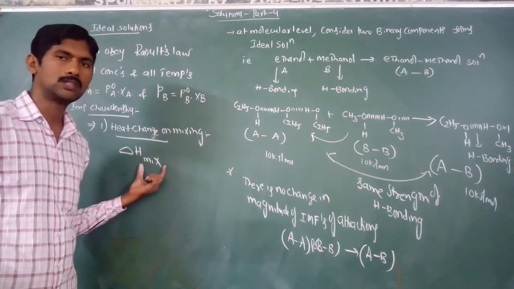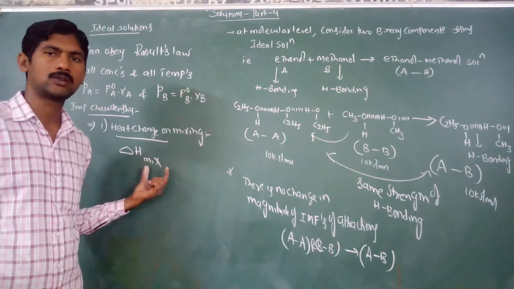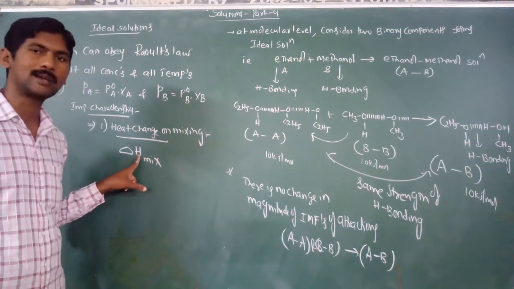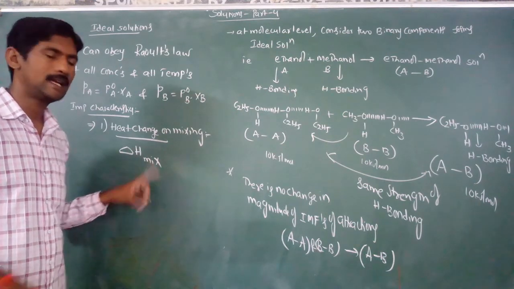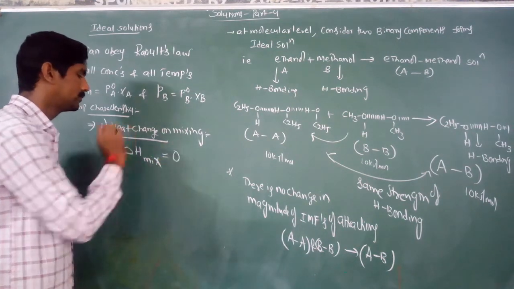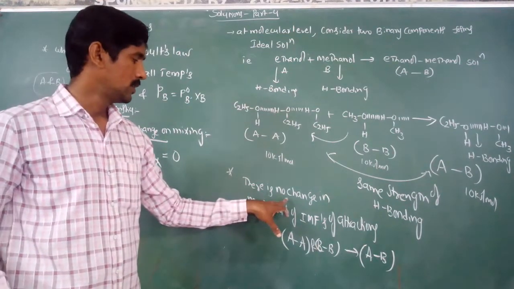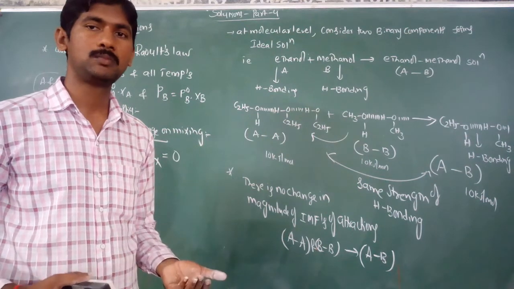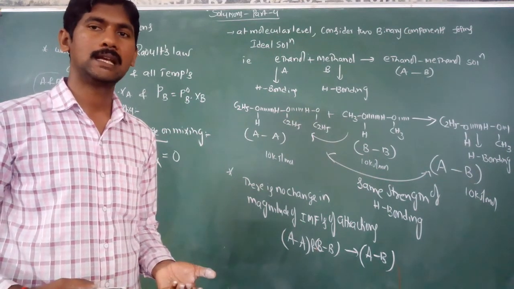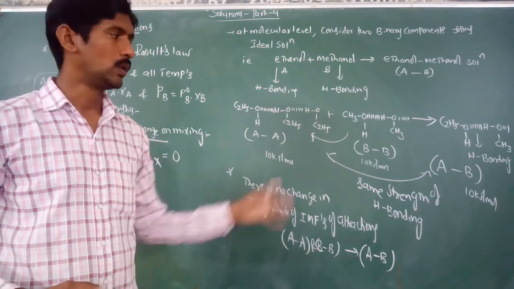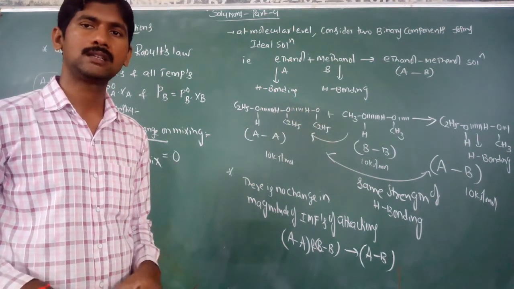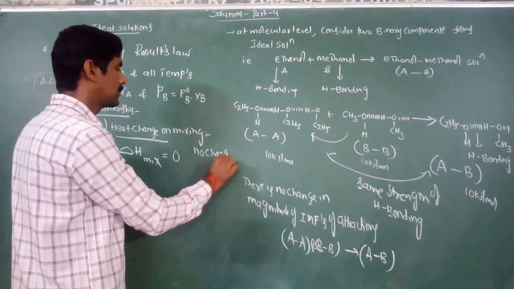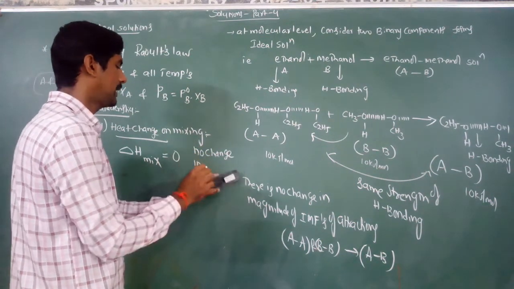According to thermodynamics, enthalpy is denoted by the symbol H, and change in enthalpy is delta H. So delta H mixing is 0 because there is no change in the magnitude of hydrogen bonding strength, which means there is no energy release or energy absorption during the formation of an ideal solution. No change in energy.